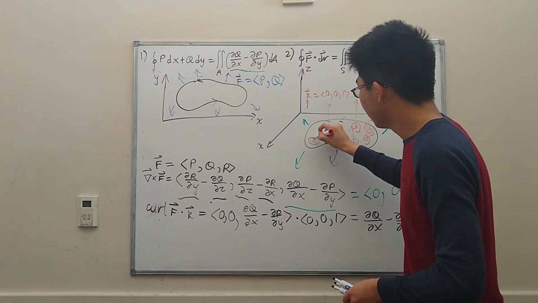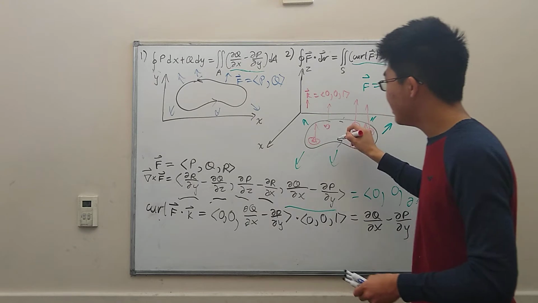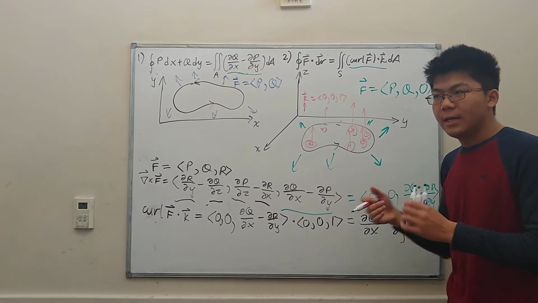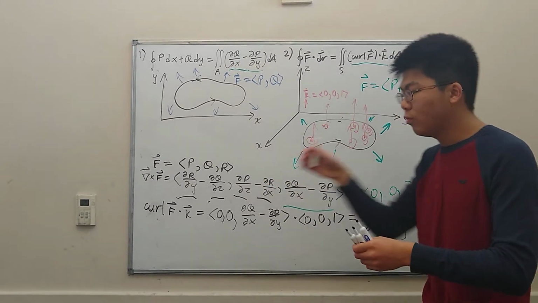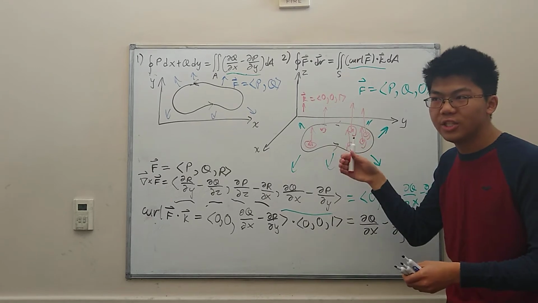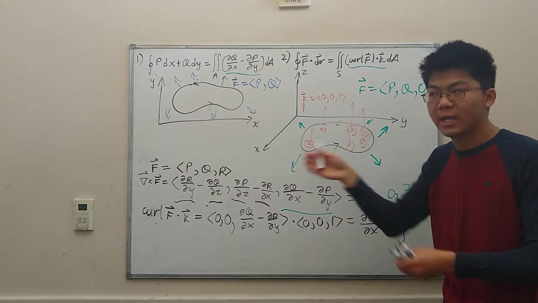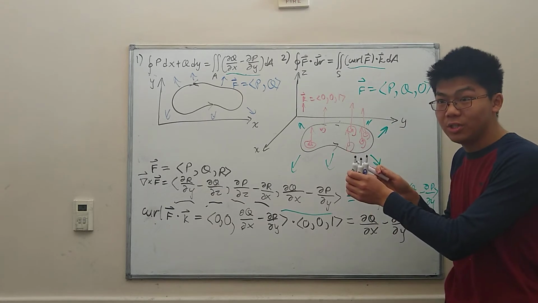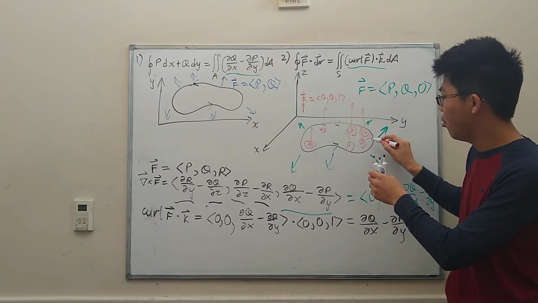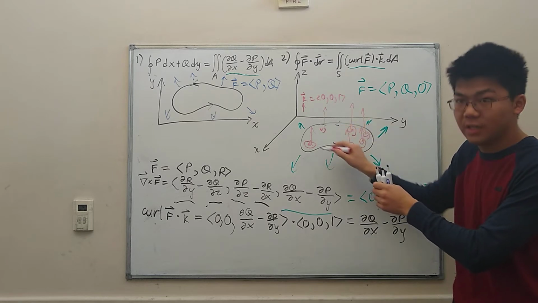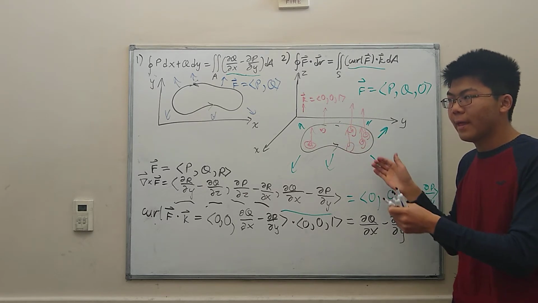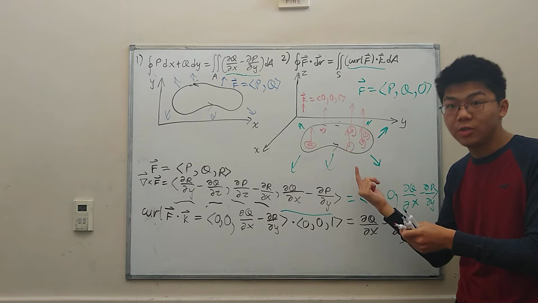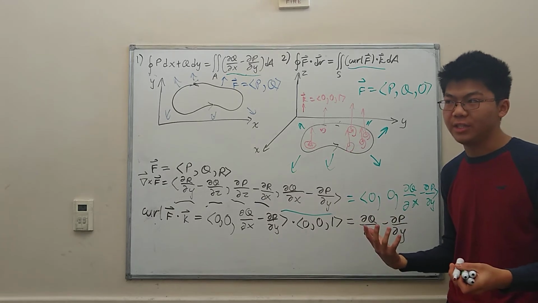So, how you can view this is that if the little curls are all rotating in the same direction, whether they be clockwise or counterclockwise, they cancel out right next to each other. And so you can just view the portion outside of the curl along the boundary region as your final value.